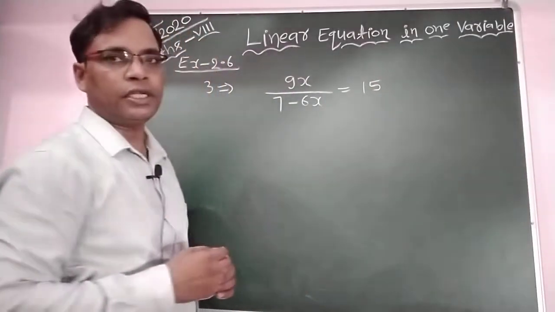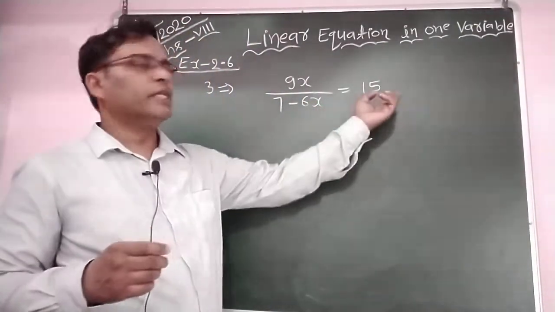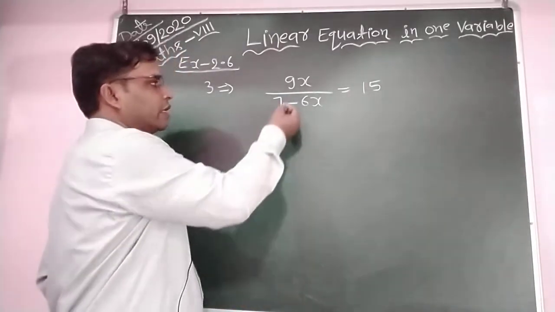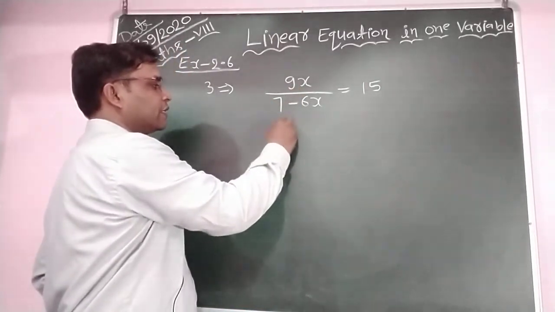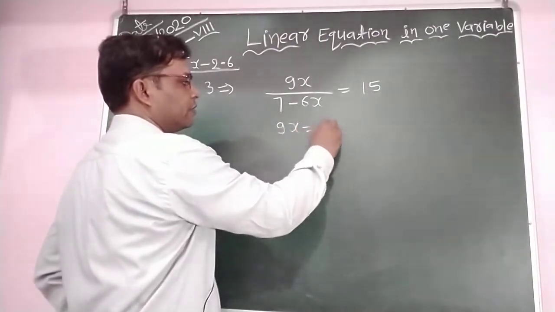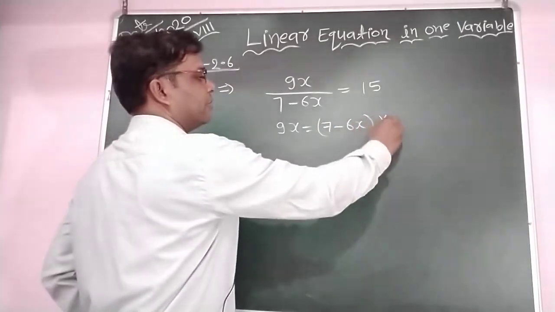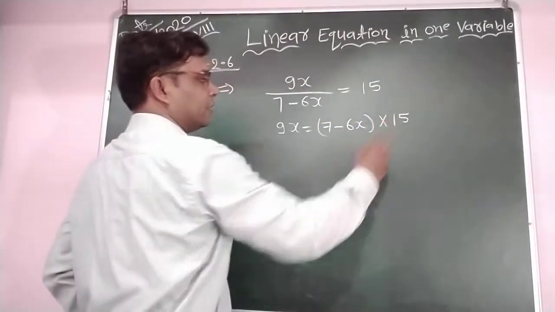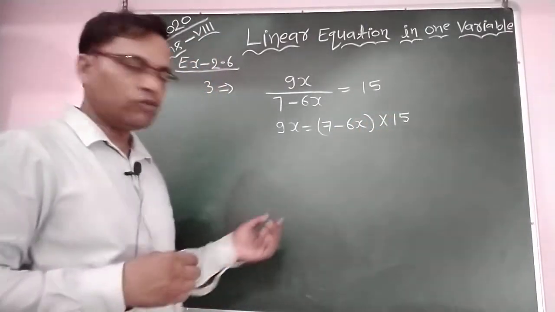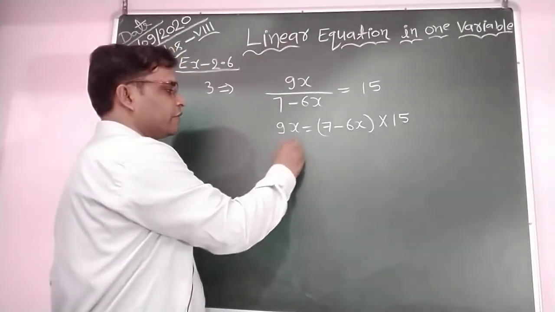This is question number 3. So in previous questions we transposed this part to the right hand side. So we have in the left hand side 9x is equal to, and this is 7 minus 6x multiplied by 15.